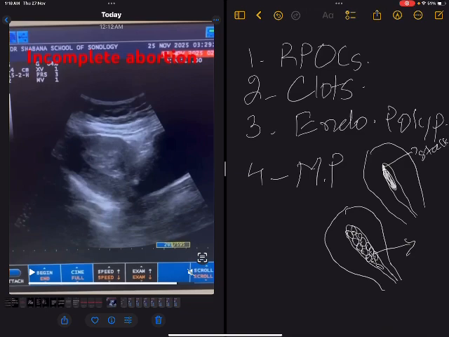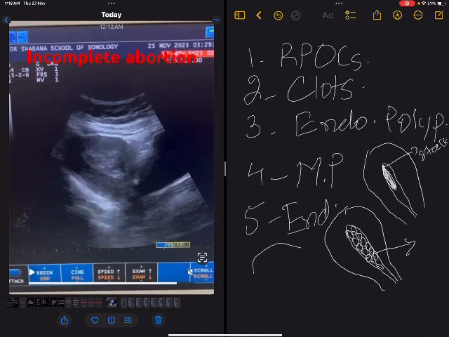Another possibility is endometritis. In case of endometritis, the endometrium is thickened, and it shows high vascularity. So it's quite obvious. And another possibility is submucosal fibroid.